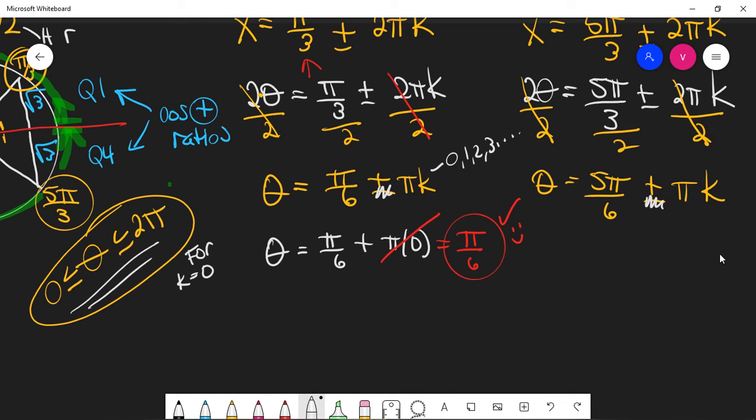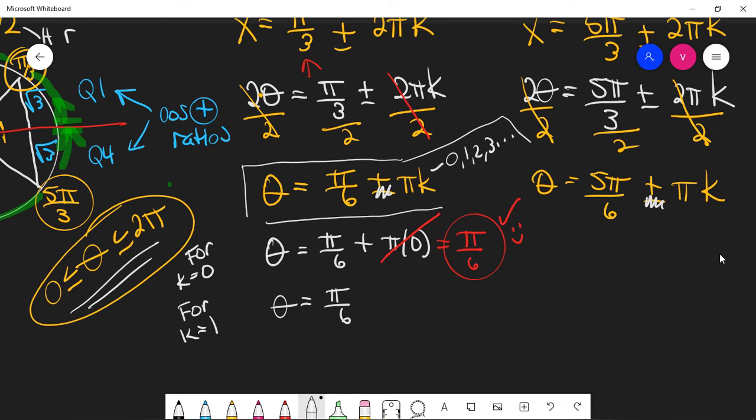Okay, let's try another one for k equals 1. Theta is equal to pi over 6, just using this rule. This is the rule right here. That's the rule: pi over 6 plus pi times now 1. So this is the k right here, okay? So what is that equal to?